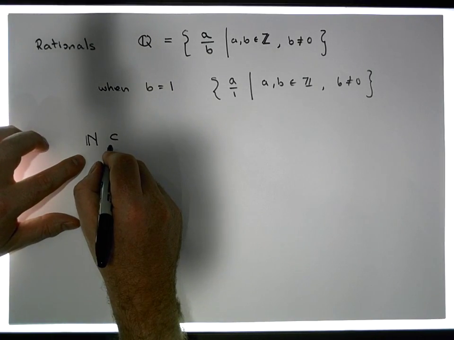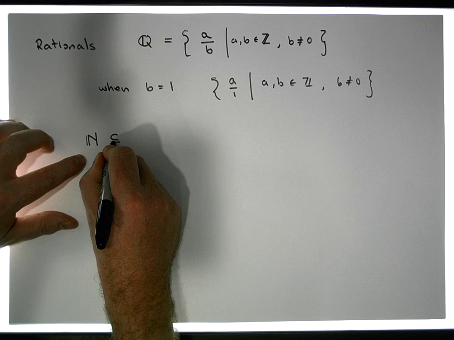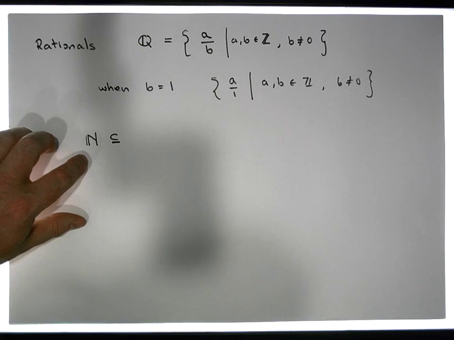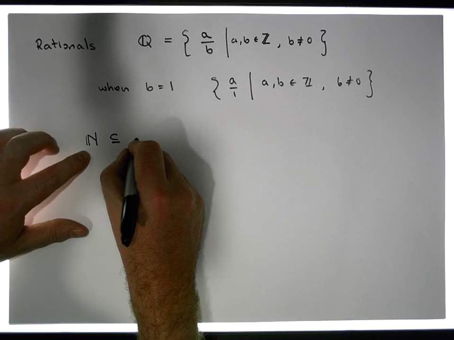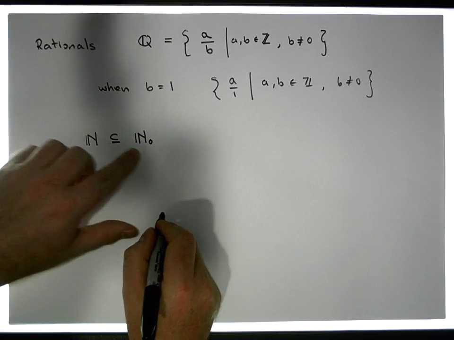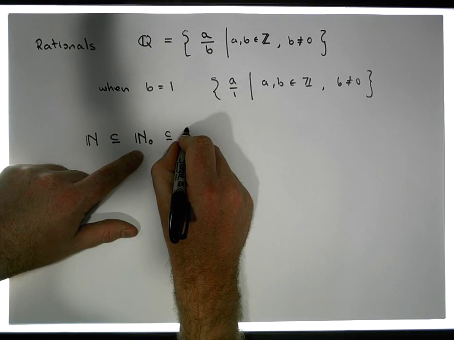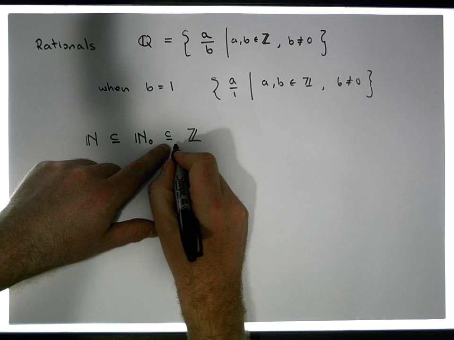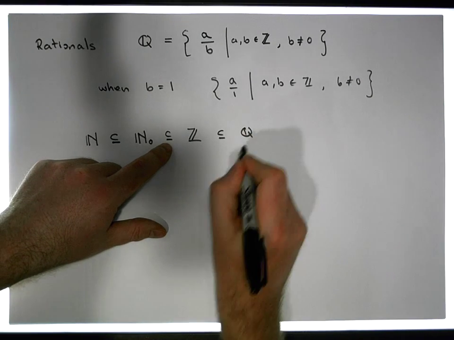We'll probably have to come back to this, okay? It's a subset. That's actually the same amount of numbers from a countability perspective, but we won't worry about it, okay? So the natural numbers is a subset of the natural numbers inclusive of 0. And they're a subset because they're all contained inside the integers, and the integers, as we just showed, are a subset of the rational numbers, okay? So there we go.